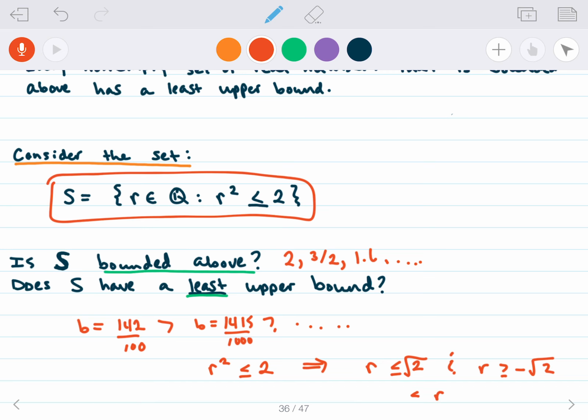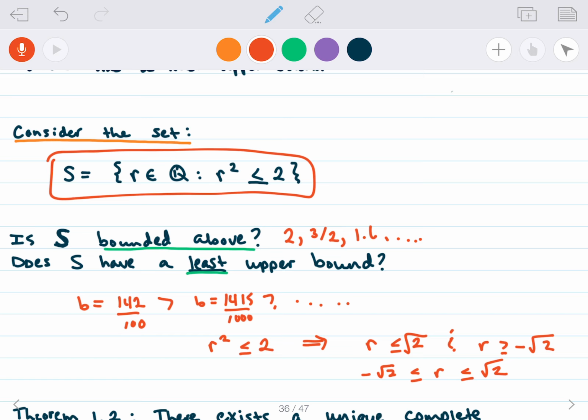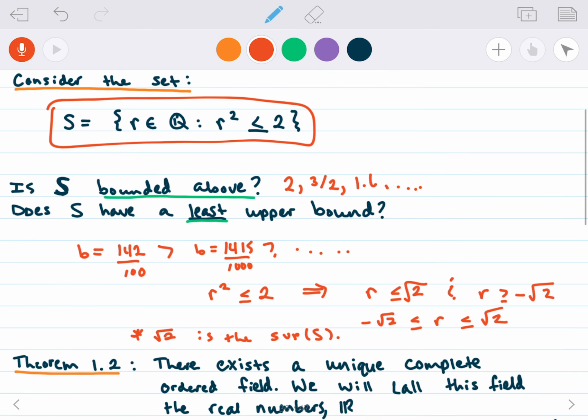And so r is going to be between negative root 2 and root 2. And so root 2 is the supremum of S. So the whole point of this was to show that this set in the rationals does not have a least upper bound, but if we extend the set to include the reals, it does, and that would be the square root of 2.